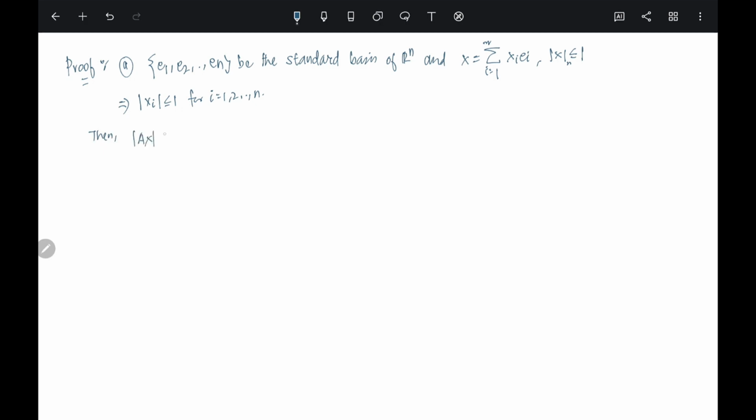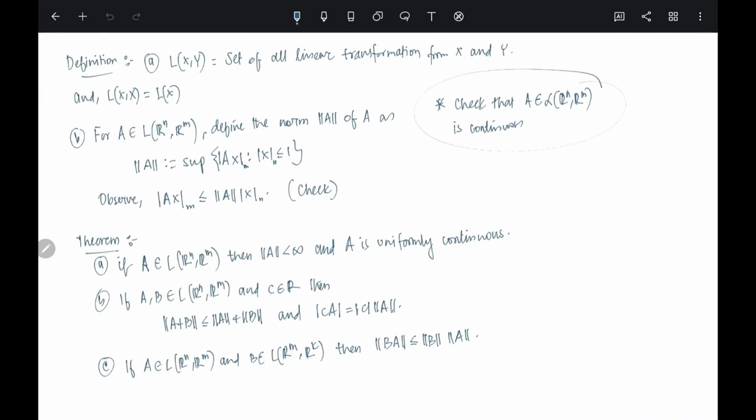Once that is true, one can write A of x. How does A of x look? It looks like the summation of xi A of ei, by linearity, i from 1 to n. And then this can be dominated by the summation of mod xi times mod A of ei. How am I writing it? I am using this property: observe that norm of Ax is less than or equal to norm of A times norm of x.